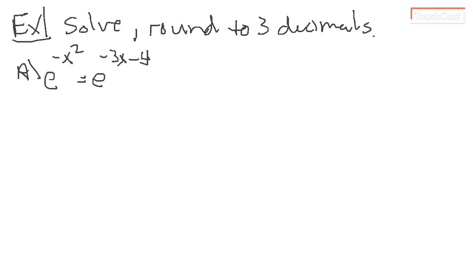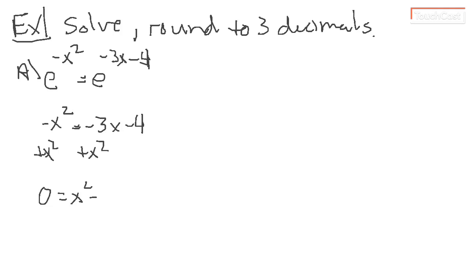So the strategy I would use to solve this is, since both bases are the same, we can just set the exponents equal to each other. We can go negative x squared equals negative 3x minus 4. Then I'm going to add x squared to both sides and get 0 equals x squared minus 3x minus 4. And you can utilize any method for solving a quadratic because that's what we have here.